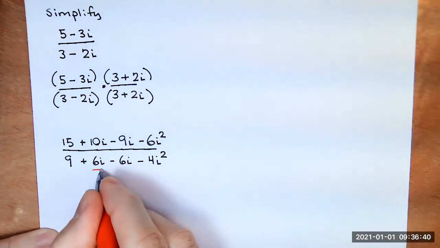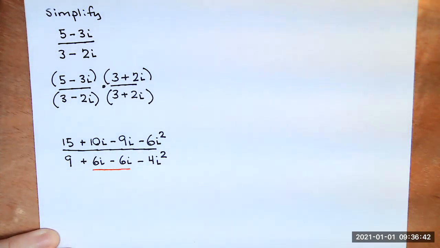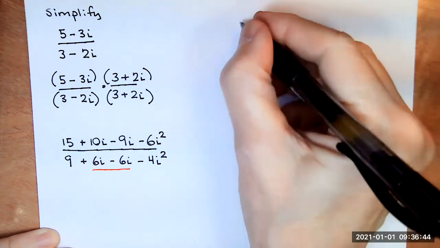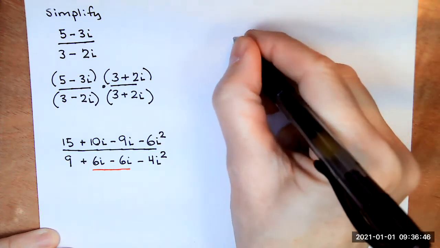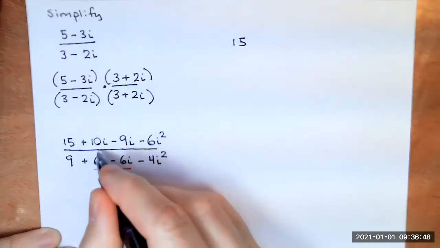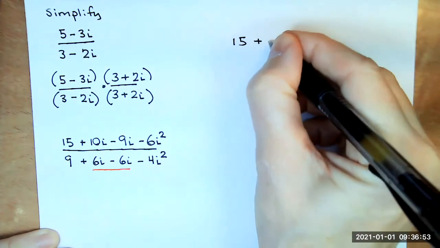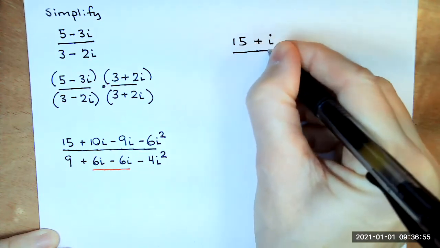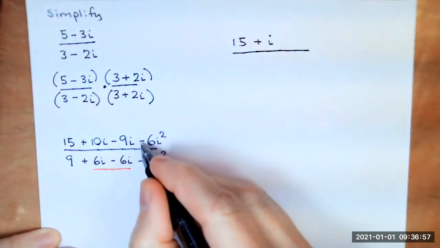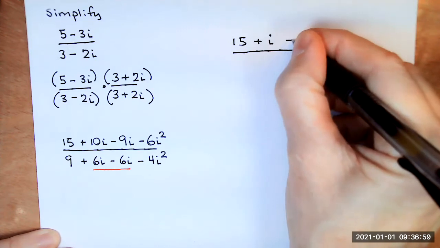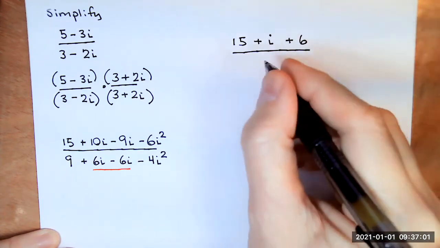And then by design, these middle terms add up to 0. We get 15. 10i minus 9i just makes plus i. -6 times i squared is plus 6.